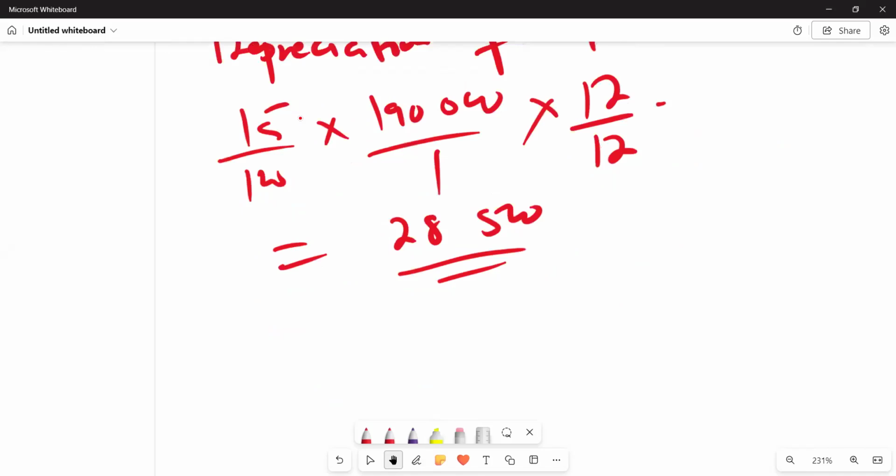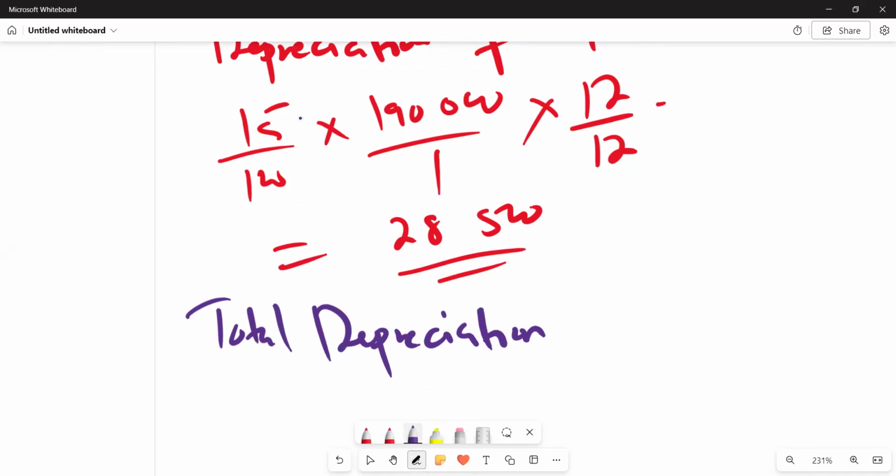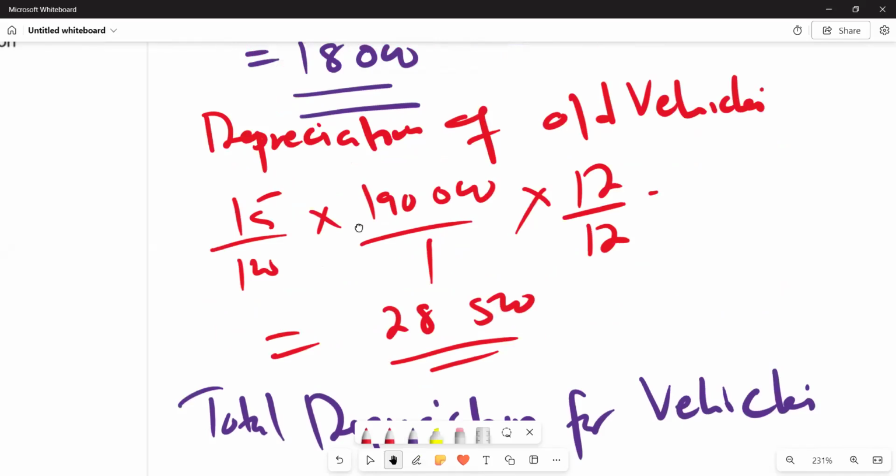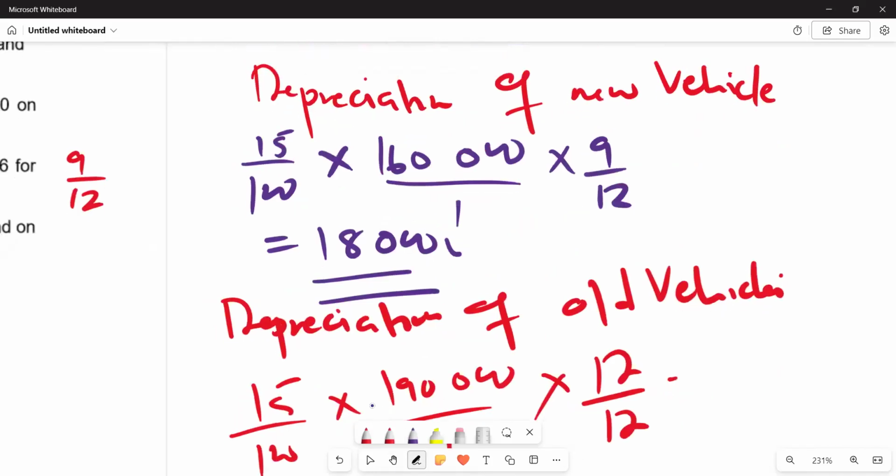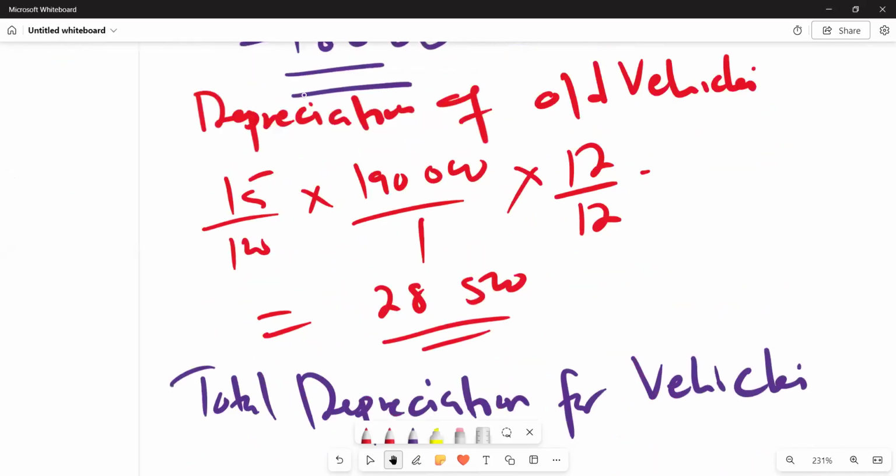Then what we need is the total depreciation for vehicles. So we are saying depreciation for the old plus the new. For the new, we have 18,000 here. Then we add for the old 28,500 to get the total.